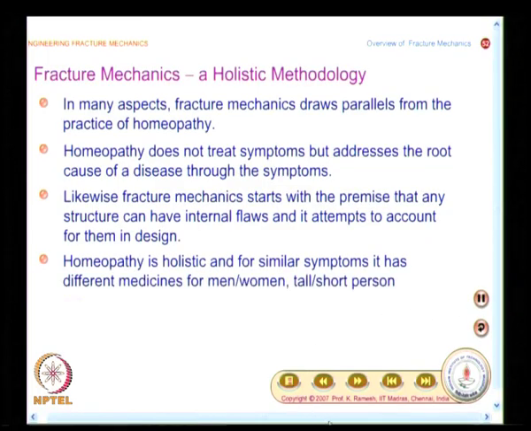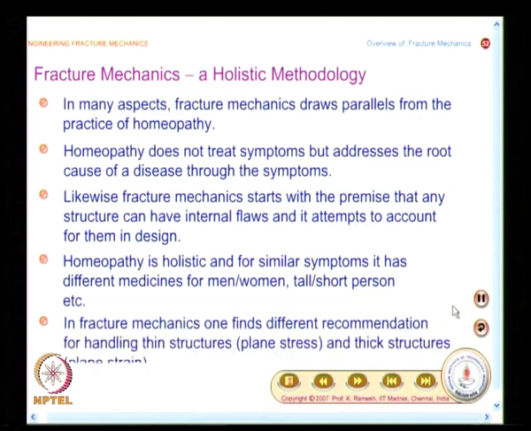And what is the other important aspect? See, if you look at a homeopathic doctor, for the same or similar symptoms, they will give different medicines for men, women, tall person, short person. There are so many subtle classifications. The medicine is individualistic.